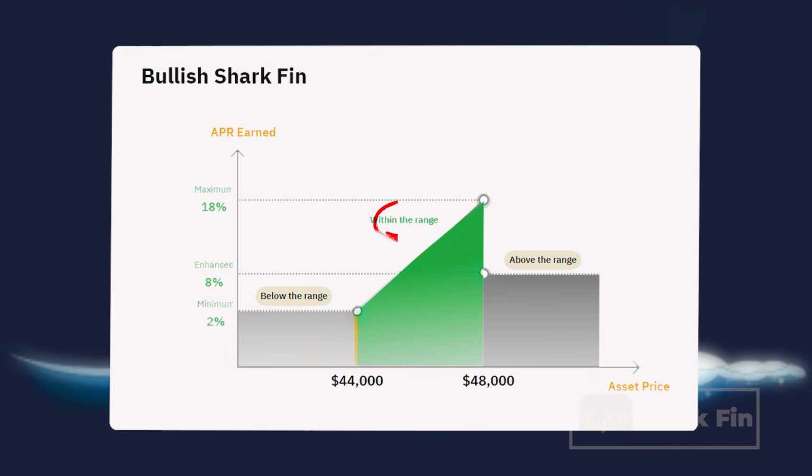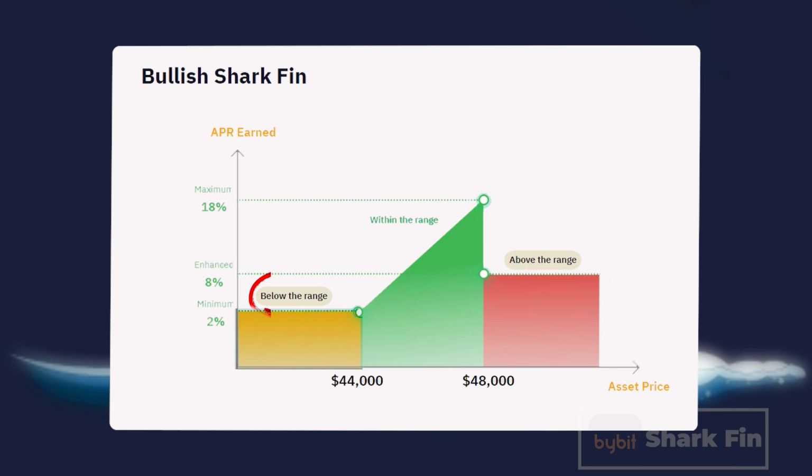Within the price range, I will earn most, in this case 18%, at the 48K price mark and earn least at the 44K price mark. Any earning in between is in the ascending order. Now, if the price is below the range, I will earn the minimum APR. If it's above the range, I will earn the enhanced APR.